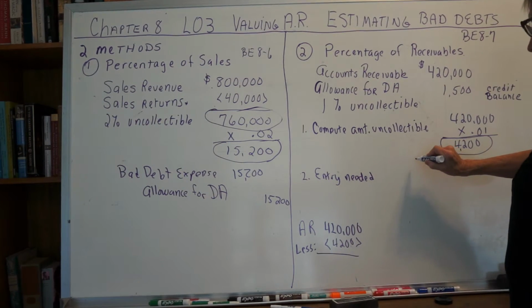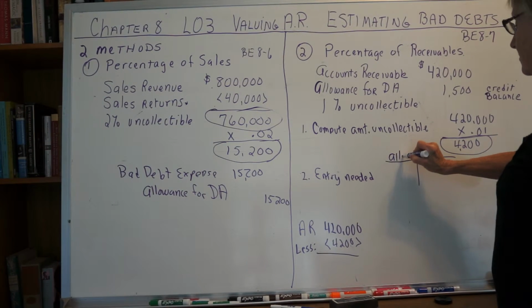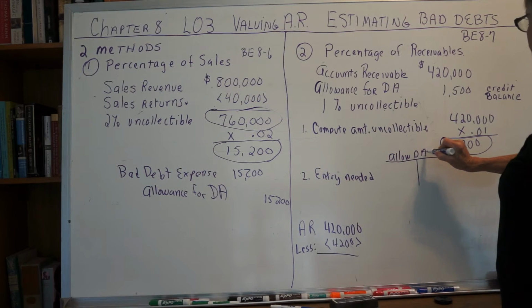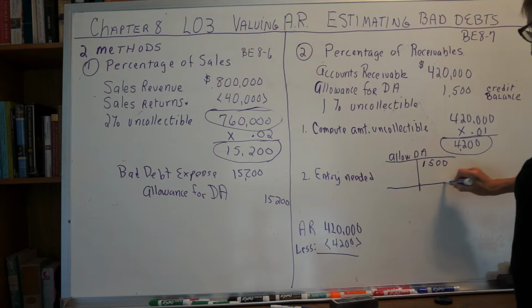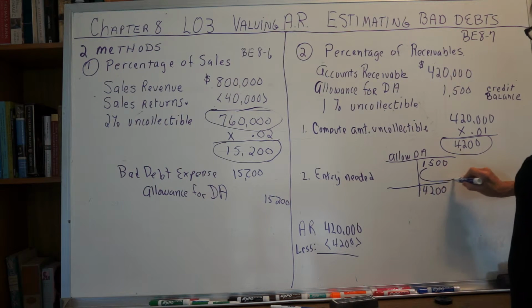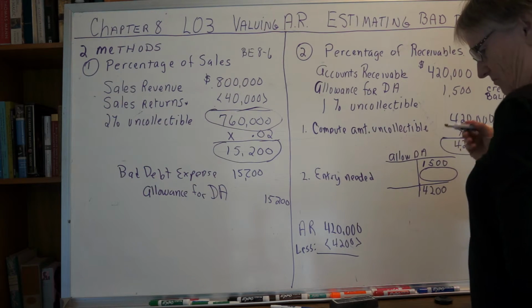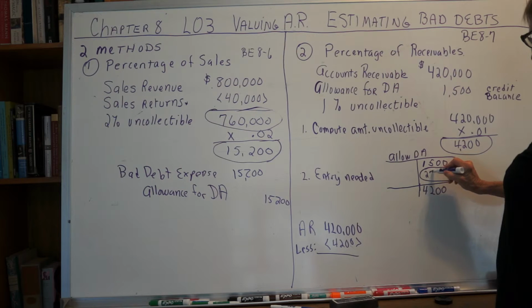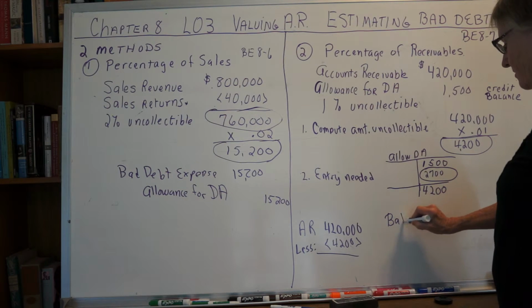So the easiest way to do this is to do the T account for your allowance for doubtful accounts. Right now it has a $1,500 credit balance. The ending balance needs to be 4,200 at the end of the day. The question is, what amount do we need to get there? And if we do the calculations out, we find that that amount is $2,700. And that is the amount of our journal entry.